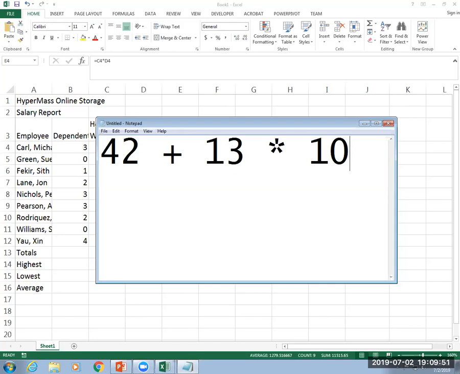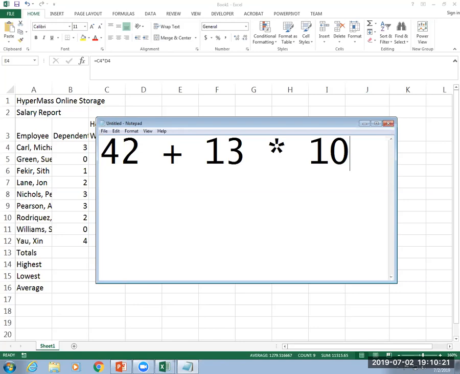So in mathematics, in the order of operations, the first thing you do is check to see if you are negating something, making it a negative or positive number. Then you do percentages. Then you do exponentials.